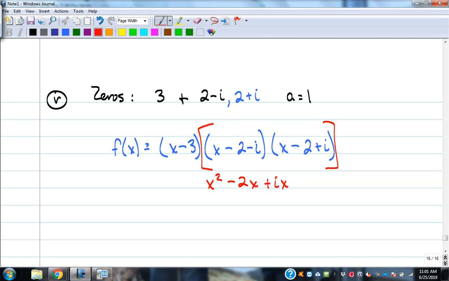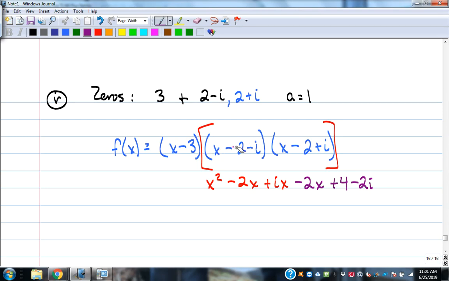So that's distributing the x. Then I'm going to distribute the negative 2. Okay, so that's negative 2 times x, negative 2x. Negative 2 times negative 2 is positive 4. Negative 2 times i would be negative 2i.